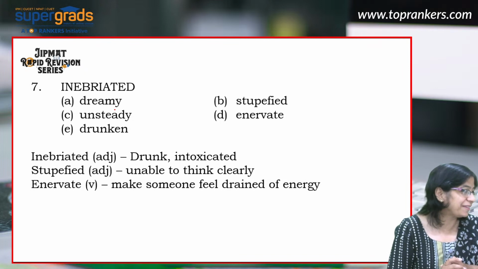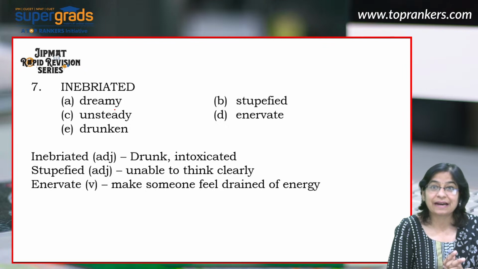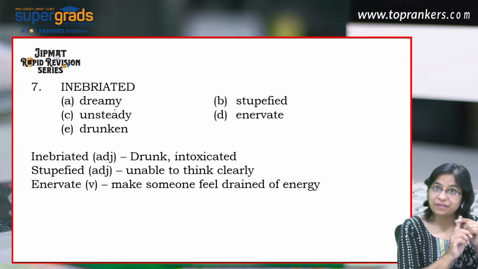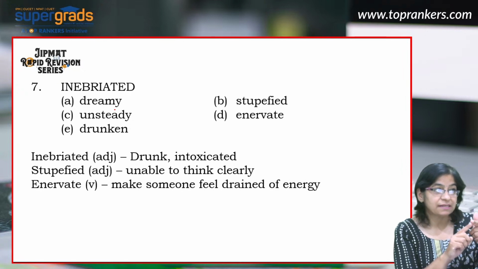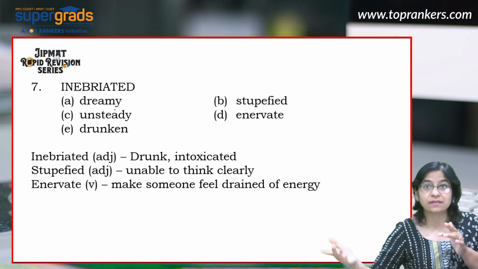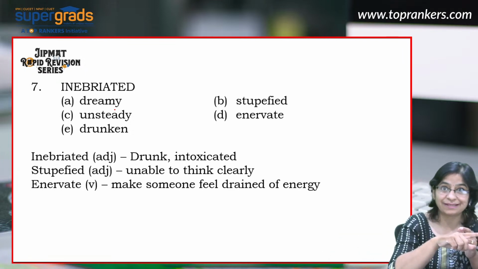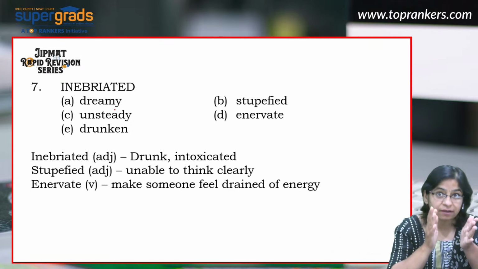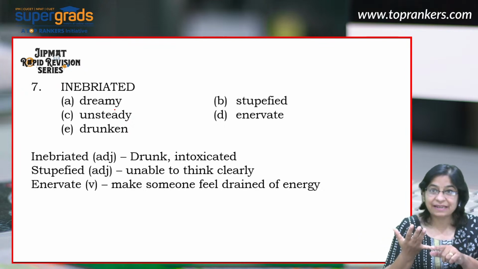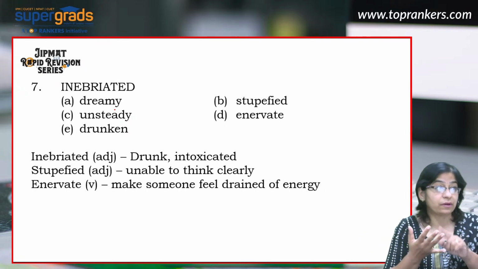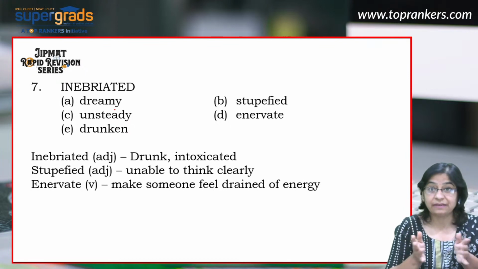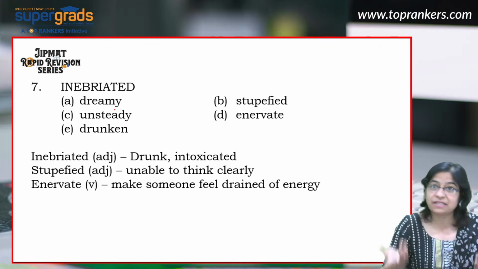Okay, I've got it. Namita, why did you choose C, unsteady? See, if you think about it, Namita, dreamy, unsteady, stupefied, or enervate, these are the consequences of being inebriated. That is, when you're drunk, what happens? You're unsteady, you want to slide down and sleep, you're shaky, you're stupefied, you cannot think clearly, your energy is drained.